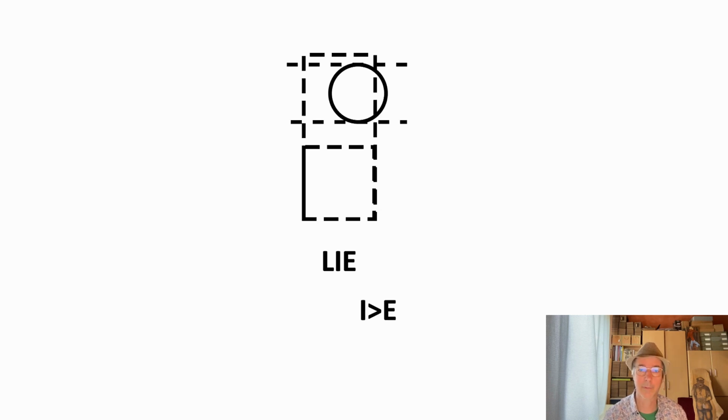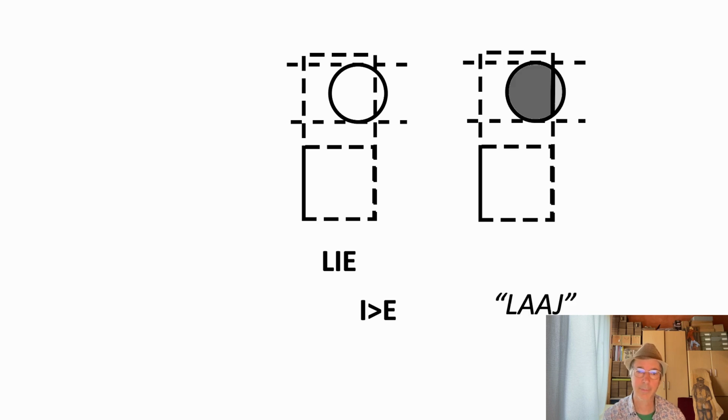So I prepared you already a little bit. To lie: we know already the L puts the region of focus on top. With the E it goes a little bit to the right, so we keep our focus, but it's slightly out of focus there.